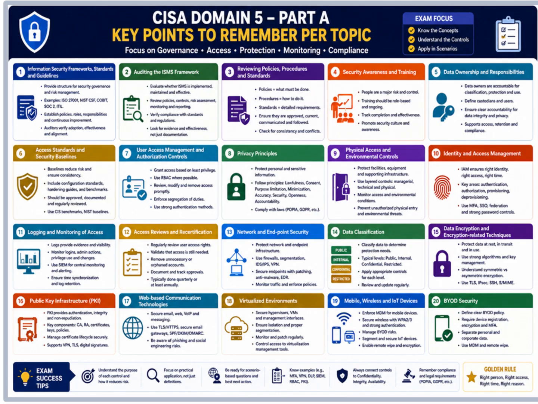Network and endpoint security protect enterprise infrastructure using firewalls, IDS and IPS, VPNs, endpoint protection, anti-malware, EDR, segmentation. Data classification determines how information should be protected based on sensitivity and business impact. Encryption protects data both at rest and in transit.